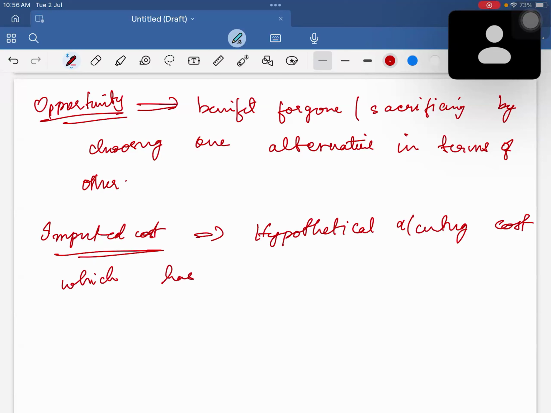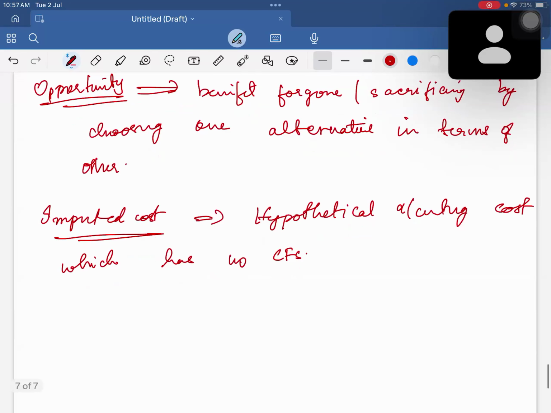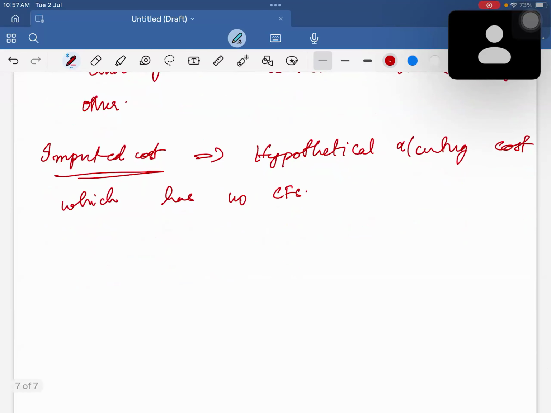There is present value, there is future value. All these things don't have a real cash flow, but it is something that we assume in accounting terms. Those costs are called imputed cost.